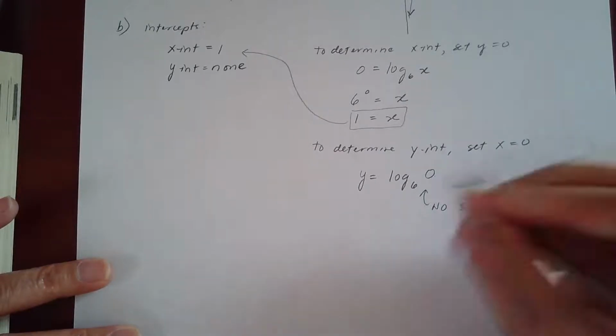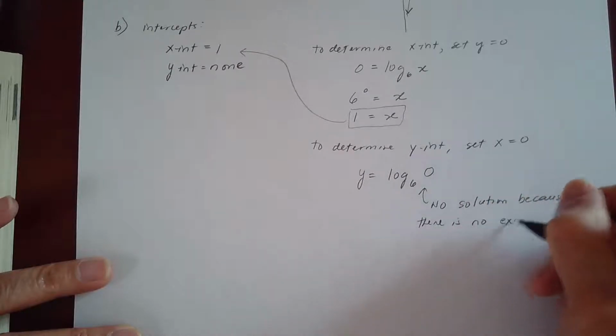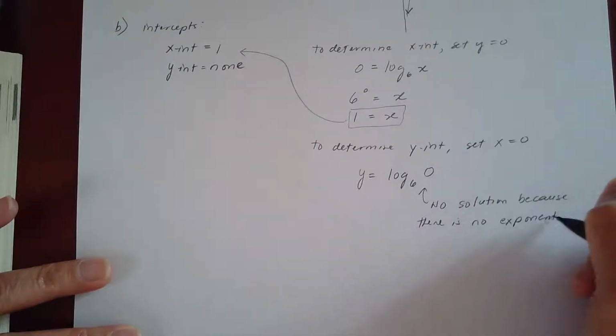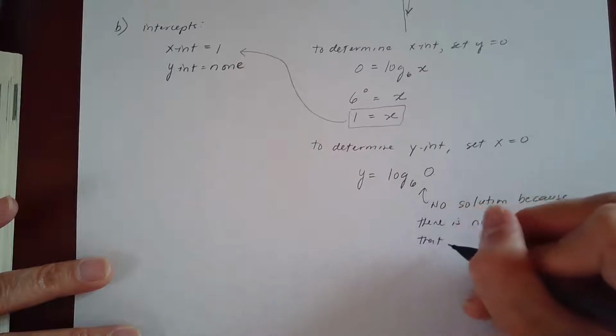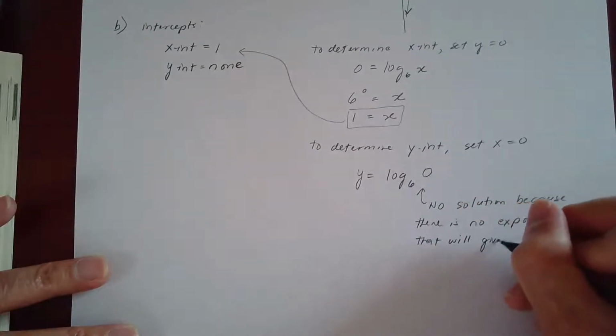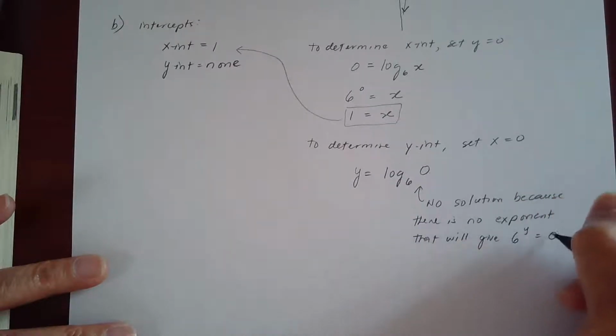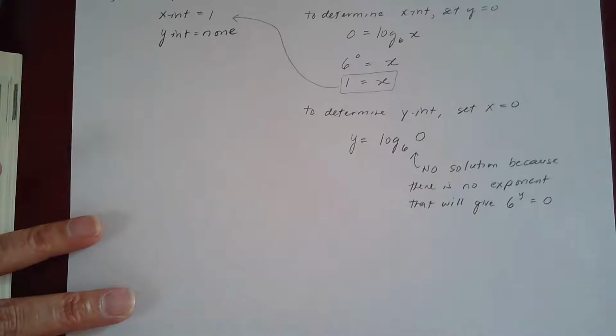because there is no exponent that will give 6 to the something will give you 0. Okay, nothing.